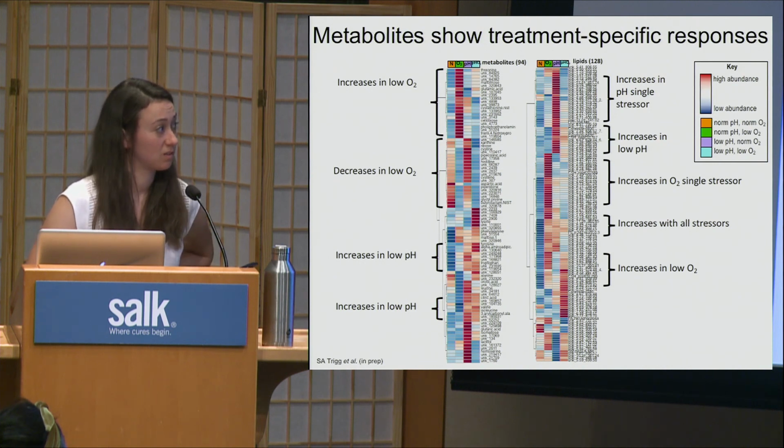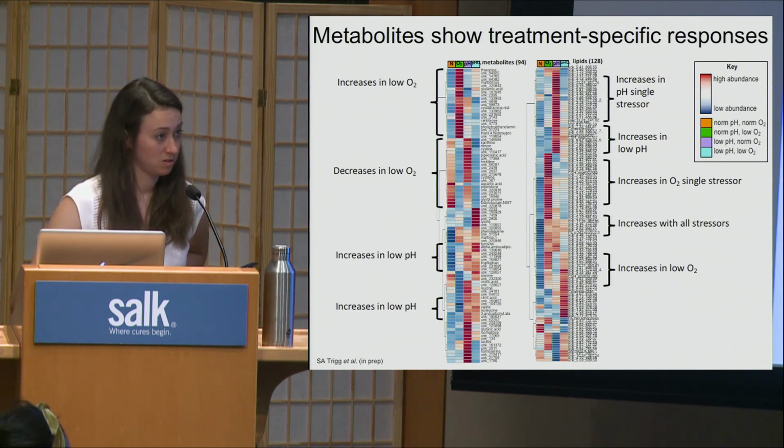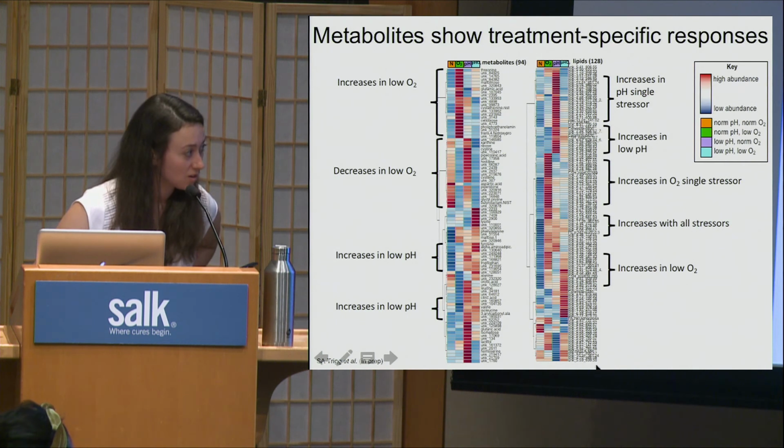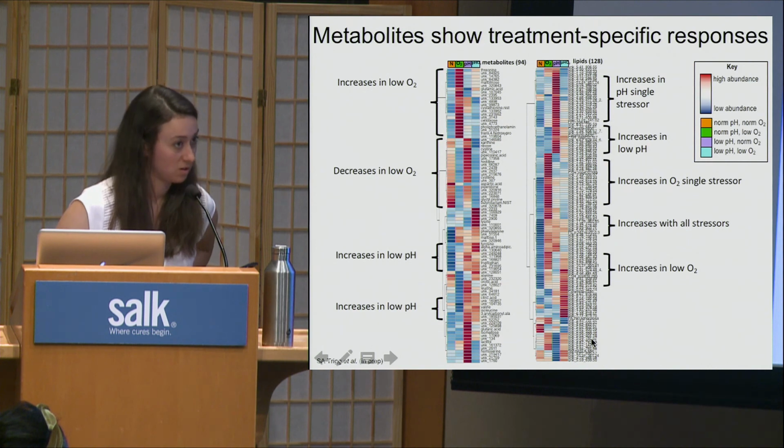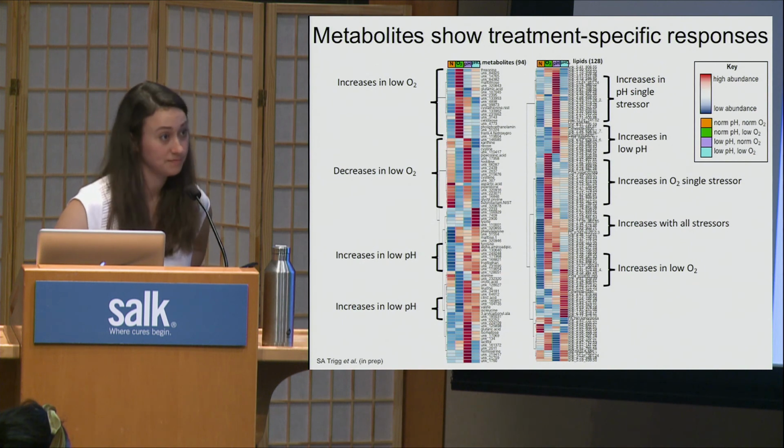Especially in your lipids, you have this lipid response down here where you see a little bit in the hypoxic, you see a little bit in the acidic, but when you put them both together, you really see a difference. Something different happens, yes. Indicating that there could be a spectrum of hypoxia levels and pH levels that remain to be explored.